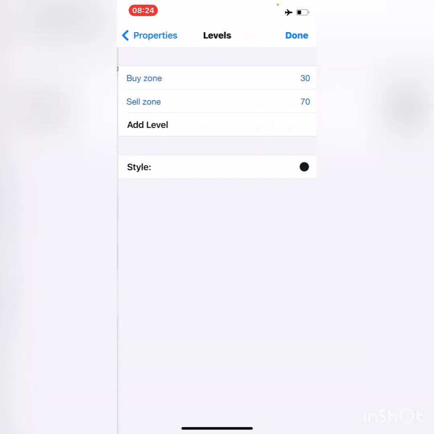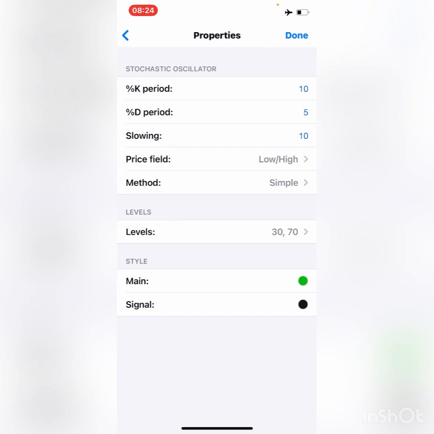Levels, we're going to have level 30 and level 70, and level 30 will be labeled as buy zone, and level 70 will be labeled as sell zone. And then we're going to go back, and the styling on our main is going to be green, and on our signal it's going to be black, just like this.